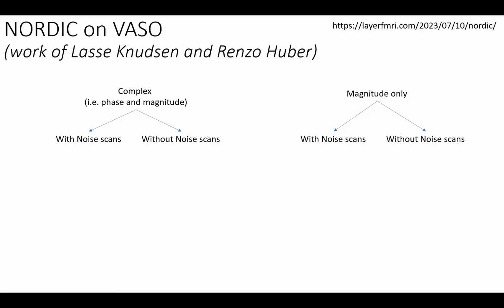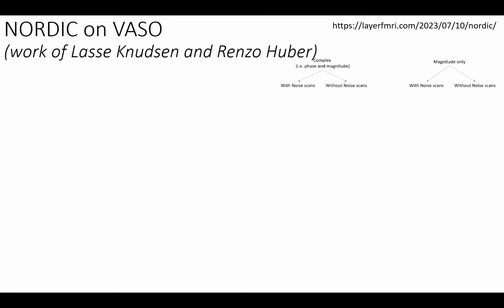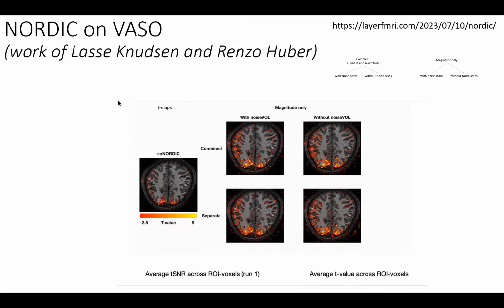Each single tweak can cause different modulation on your percentage change responses. So here are some of the results, and I should mention that when you're acquiring VASO data, there's an additional complication. You usually acquire VASO and gradient echo data every second TR. So now you have time courses that are twice as long, and they're interspersed between gradient echo and VASO.